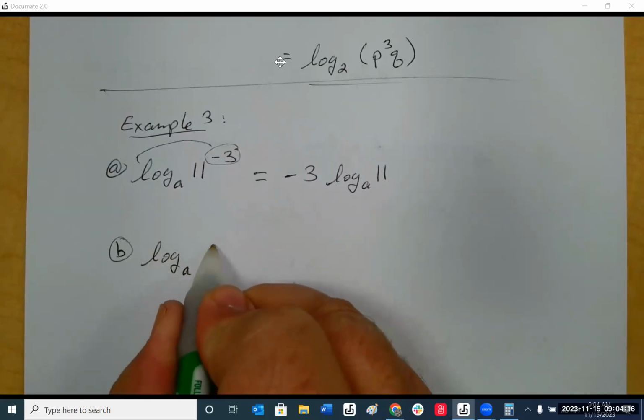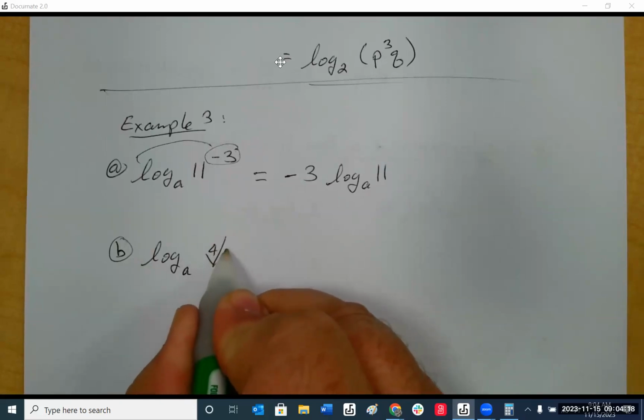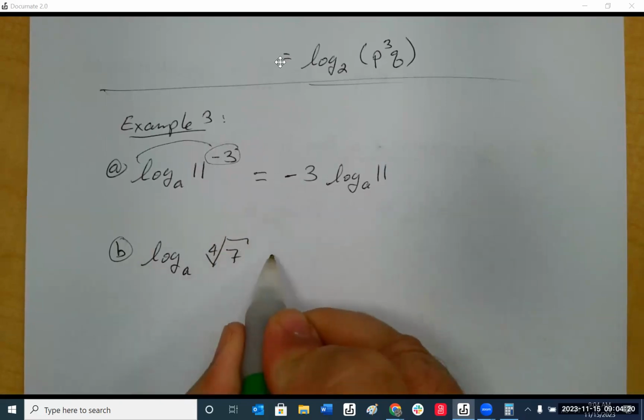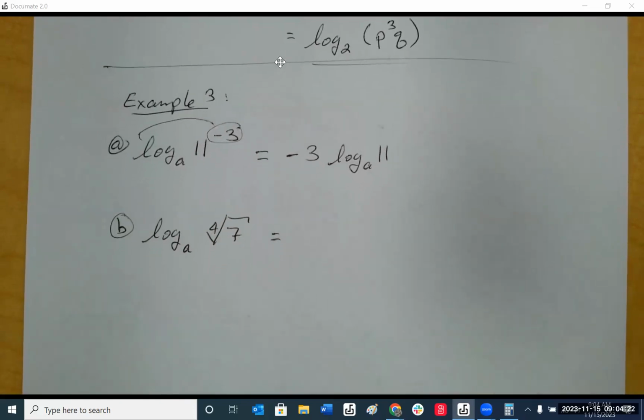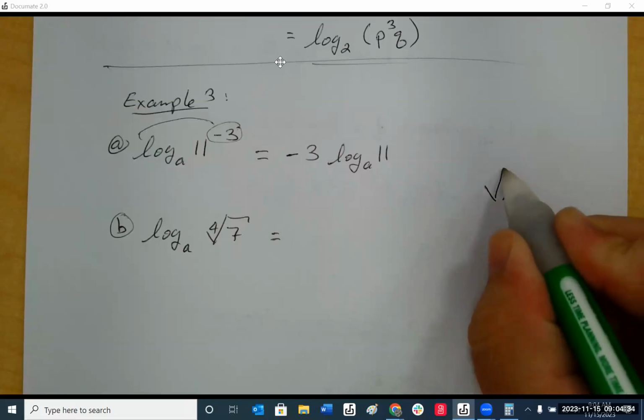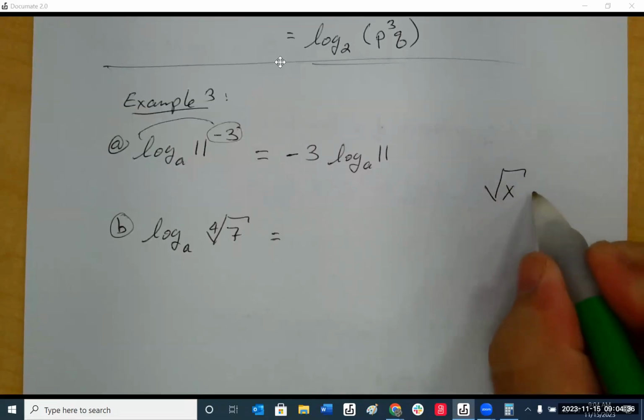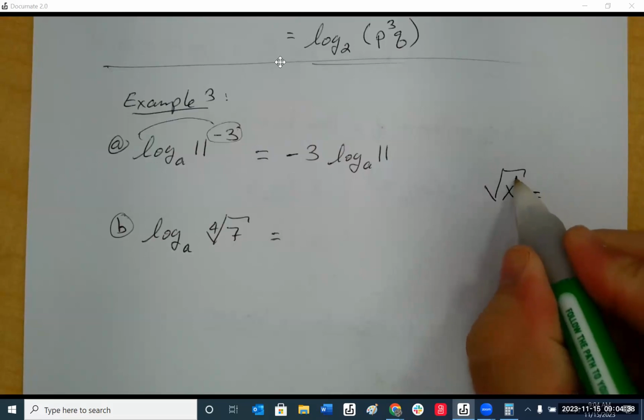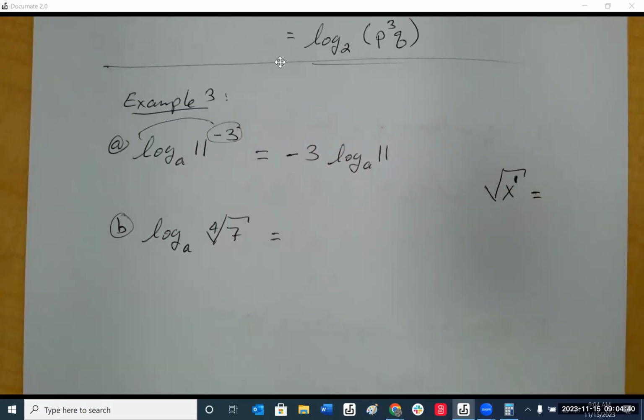Log base A of the 4th root of 7. Like if we had square root of x, this is x to the power of 1.